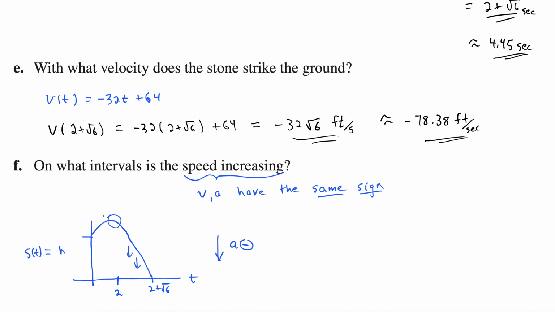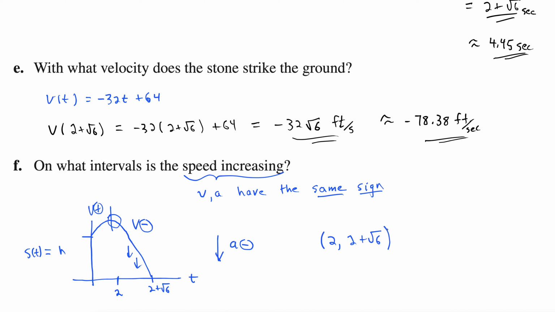So right here in this region, going up, v is positive, and then all the rest of the time v is negative. Well, acceleration is always negative, so velocity and acceleration match on the interval 2 to 2 plus rad 6.